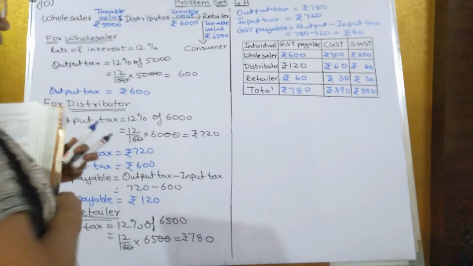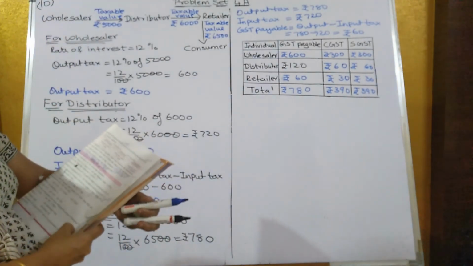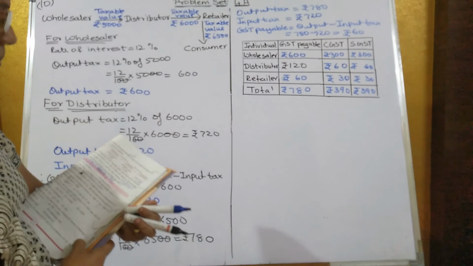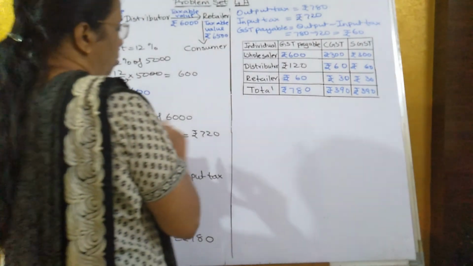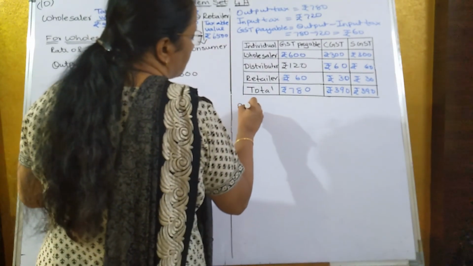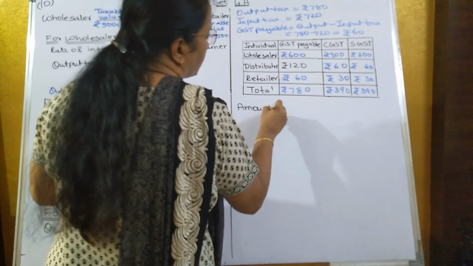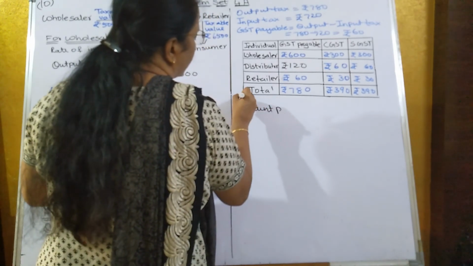Now the next question they have asked, at the end the amount paid by the consumer. So the amount paid by the consumer is how much? That is the third one.